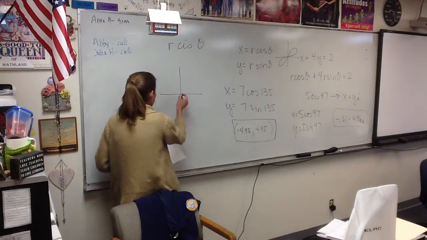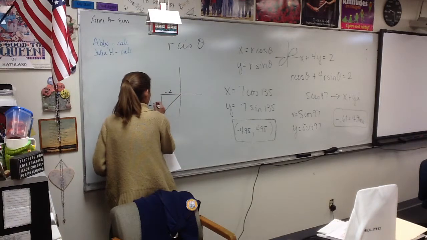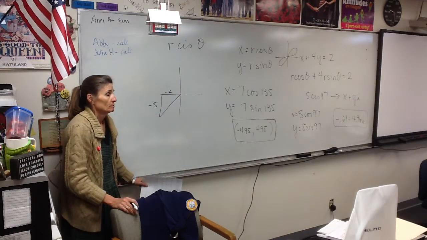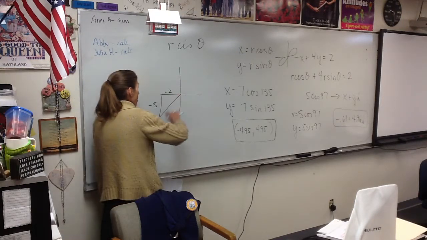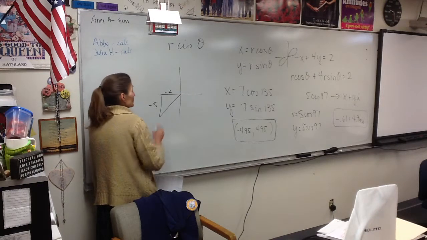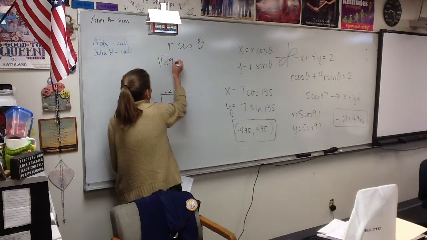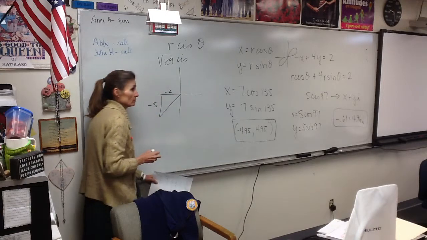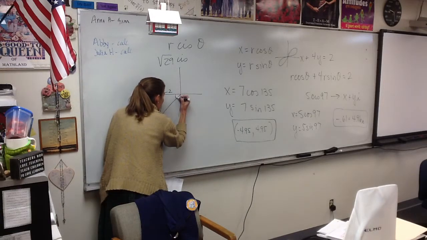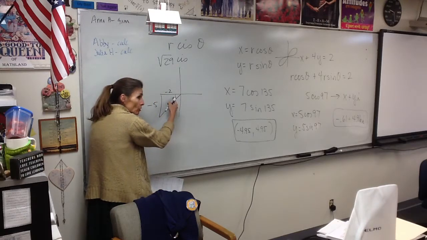And this would be over 2 down 5. What's R? Root 29. How shall I find this angle right here?